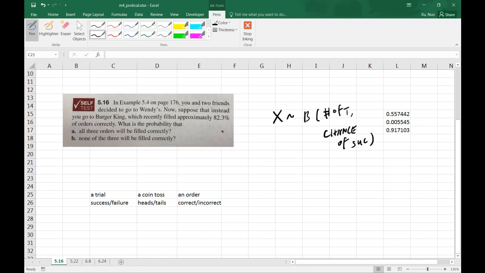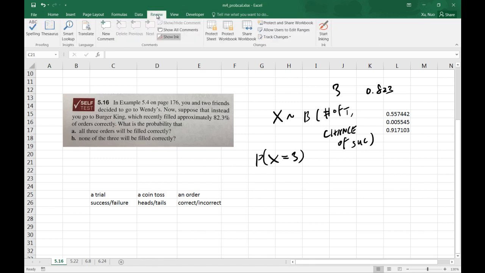In this case, the number of trials is 3 because we have 3 people ordering food. The chance of success is 0.823. Now, the first question is asking, what is the probability for x to be equal to 3? Now we can use the Excel function that I just introduced for this calculation.